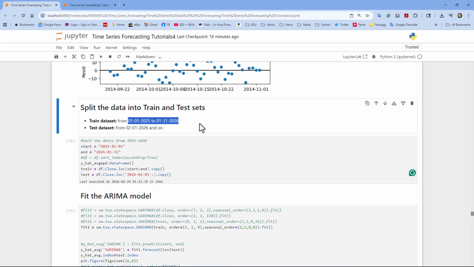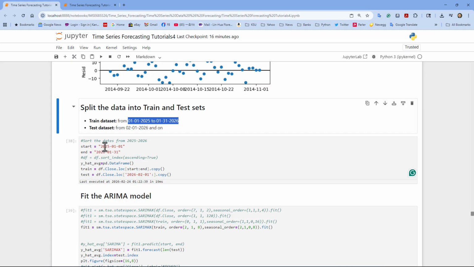So keep it simple. We're using the monthly data, 13 months basically, to forecast the final 21 days. So this is how I separate our training data set and testing data set.